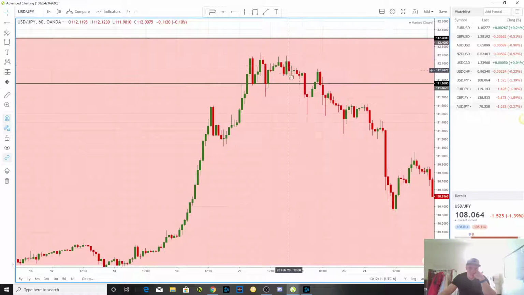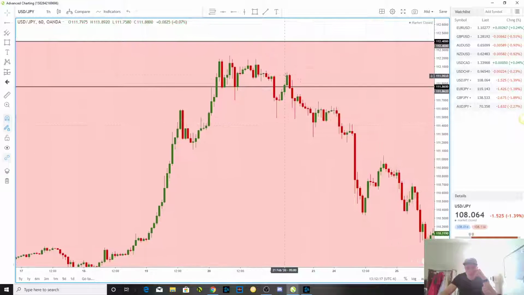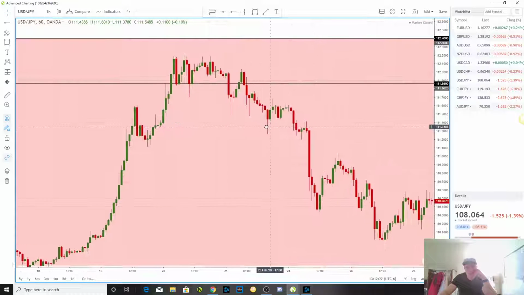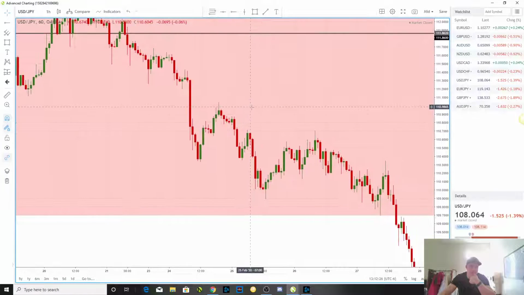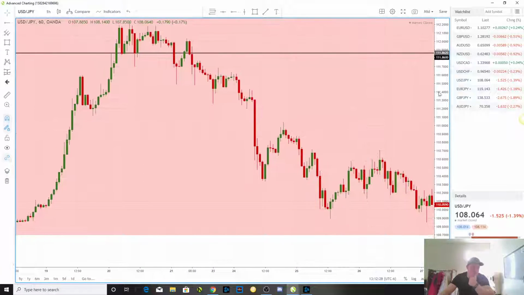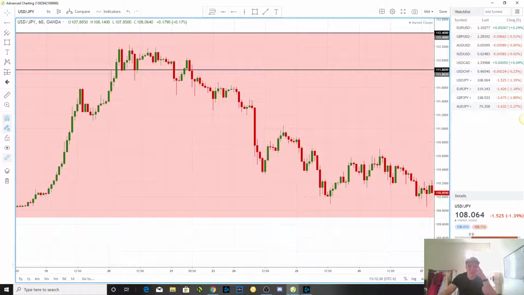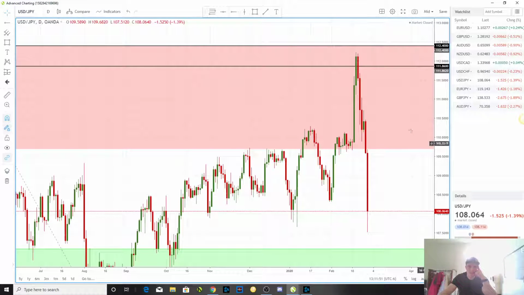We got our close below. This would have been a decent area of supply on the 60. Got a retracement, bang. Close below there, maybe that, but that's kind of garbage. And then I just kind of ran away. So, anyways.